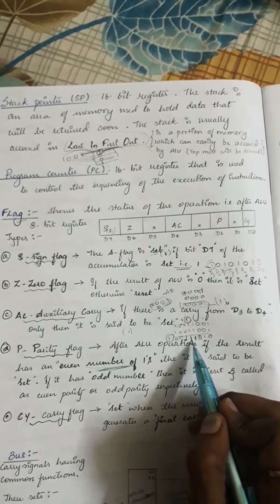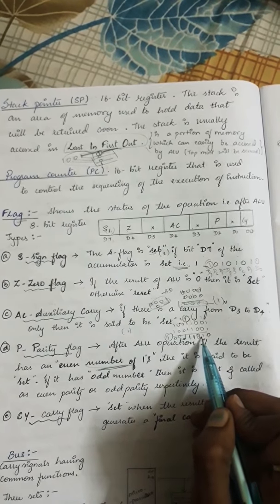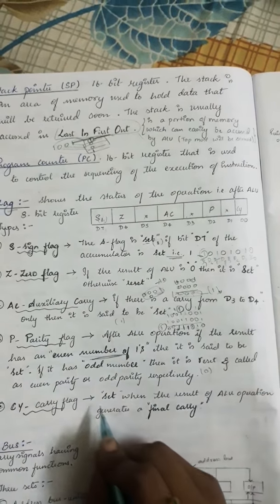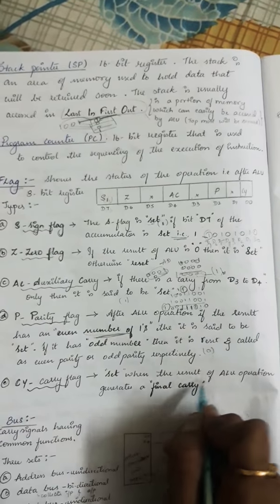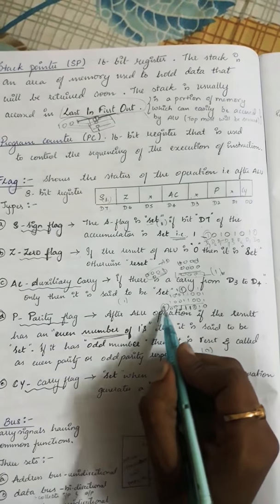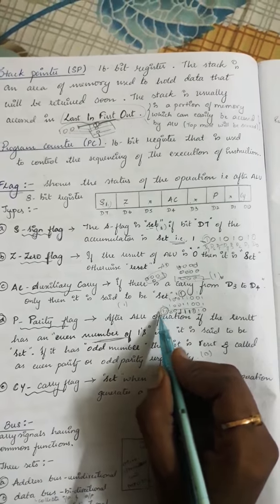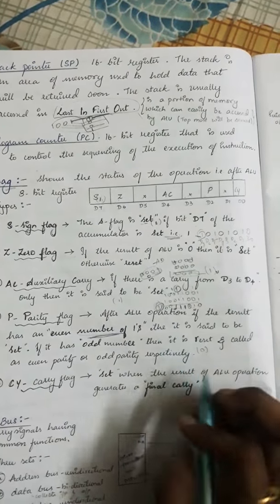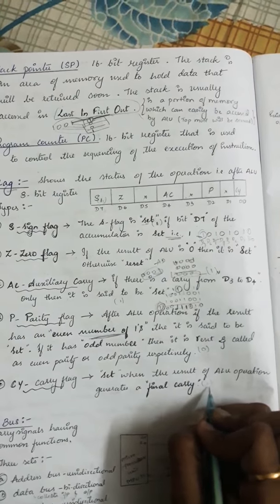See, now 1, 2, 3, 4, 5, there are 5 ones, so it is odd, so the parity flag will be 0. It will be under the reset condition. The carry flag is set when the result of the ALU generates a carry. So this is generated out, and this is going to affect the carry flag. If this is present, then the carry flag is set to be 1, or else it will be 0.